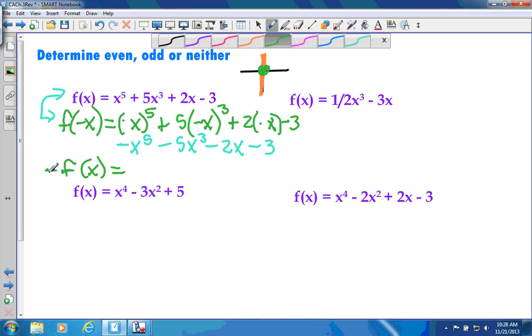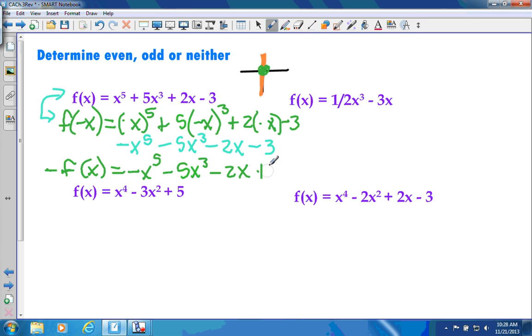And then if you take the opposite of f of x, that would be a negative x to the fifth, minus 5x to the third, minus 2x, plus 3. And these two have to be the same for it to be odd, which is not the case, so this one would be neither.